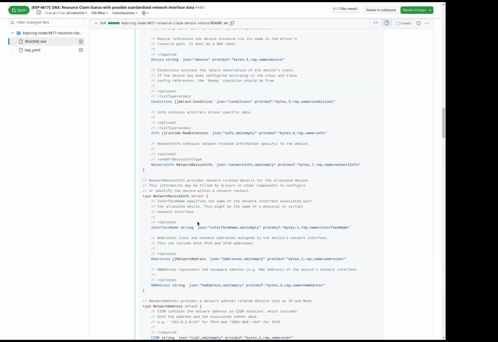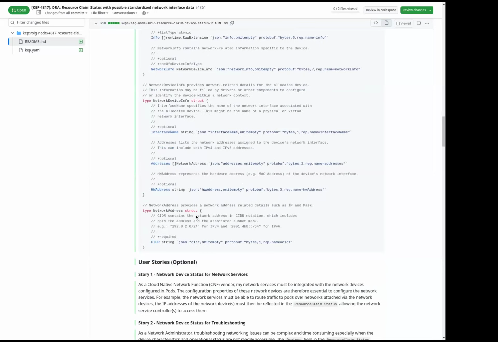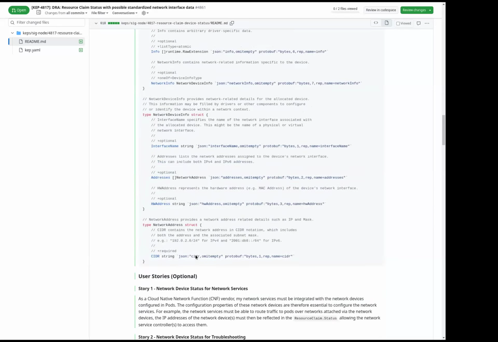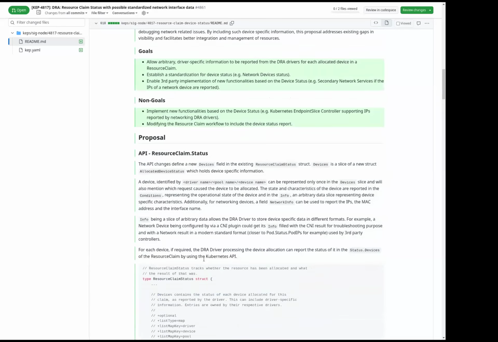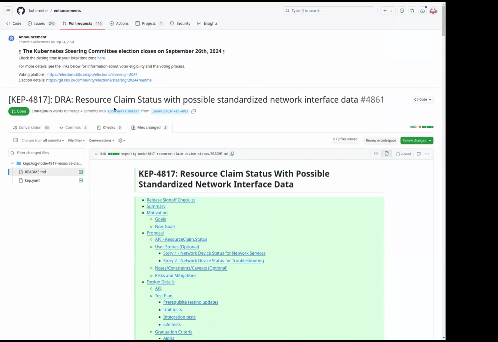Antonio also put some comment about any overlapping, and I'm wondering if we could try, instead of having the resource claim status, having the pod status instead. I don't know, it's an idea.